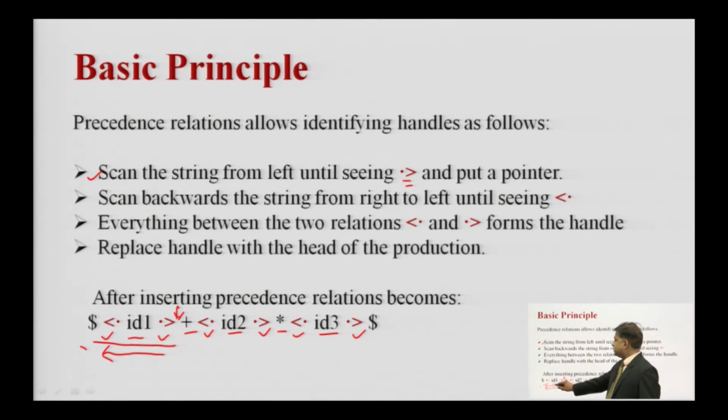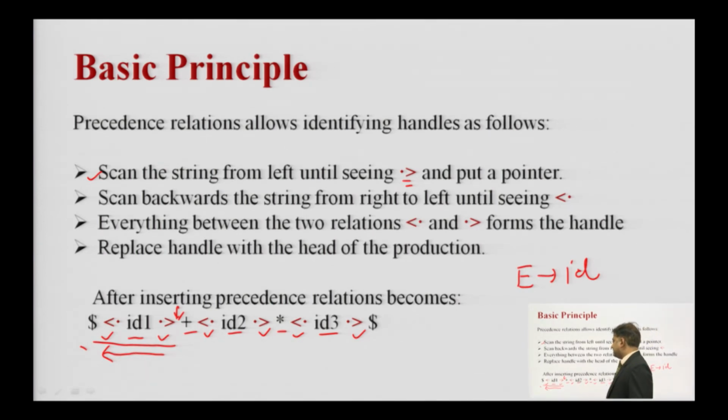जैसे ही मुझे less precedence relation मिलता है, then I reduce this production with a non terminal. जो भी मेरे grammar है, that is E derives ID, right.